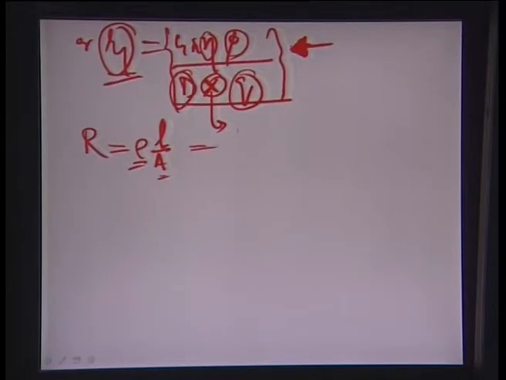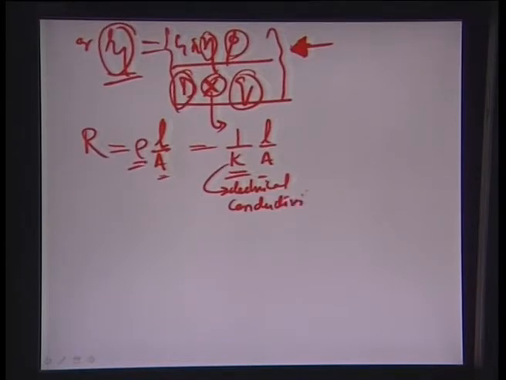Now this can also be written as the inverse of K, the electrical conductivity, times L by A. So this is essentially the electrical conductivity, which is the inverse of electrical resistivity. So K here can be represented as L by R A, length by resistance into area.